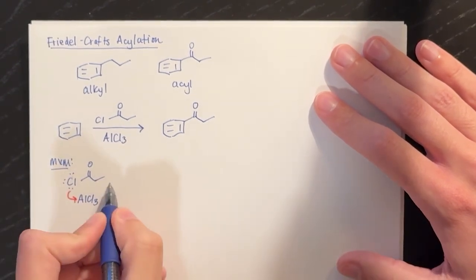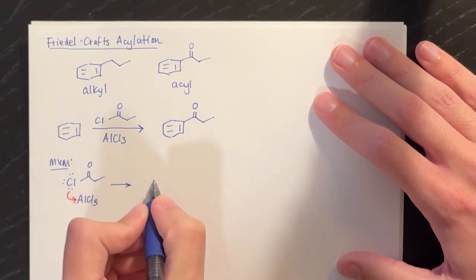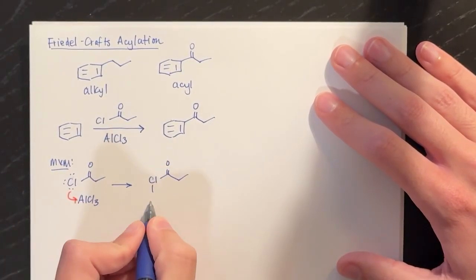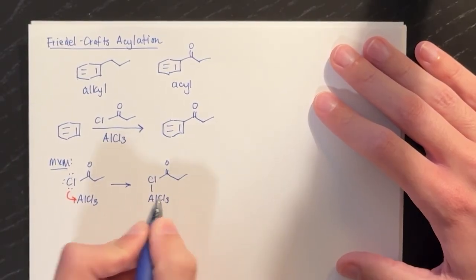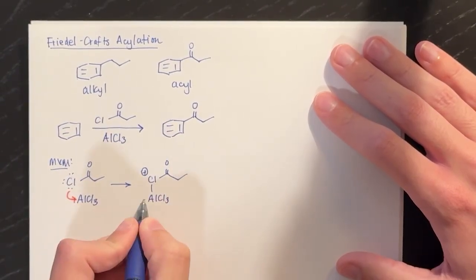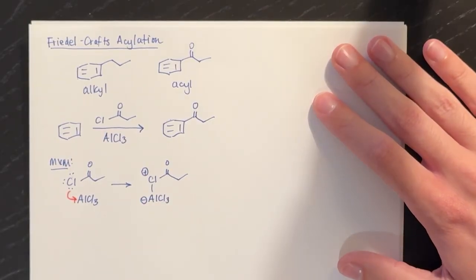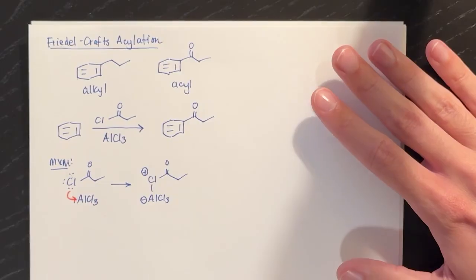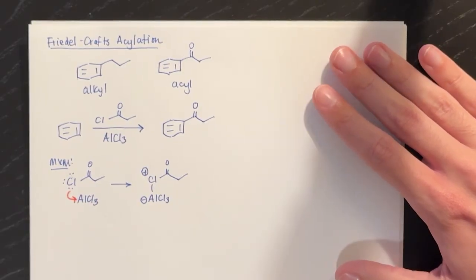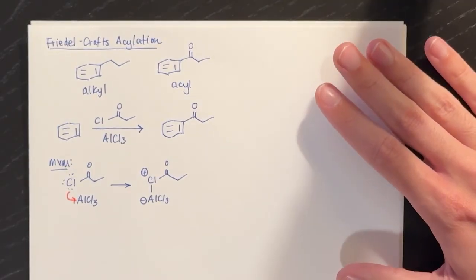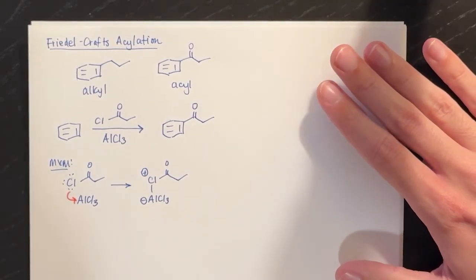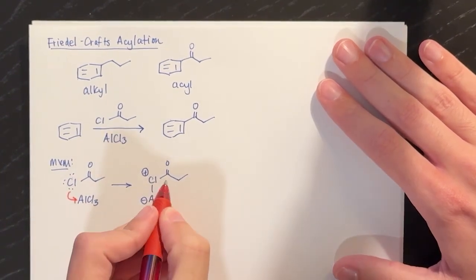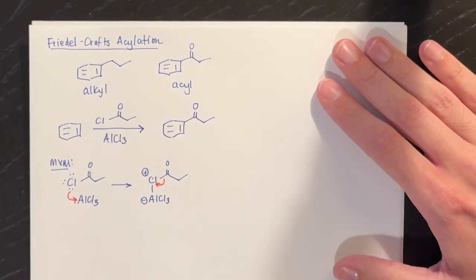Hopefully this will start to get boring at some point, once you get used to it. So Cl, AlCl3, positive charge, negative charge. Okay, so we formed a complex with the aluminum, or the iron if it's bromine, like we've been doing in all of these examples. And from this point, we're going to continue doing the same thing. So we're going to break the carbon-chlorine bond. Those electrons are going to go onto the chlorine.